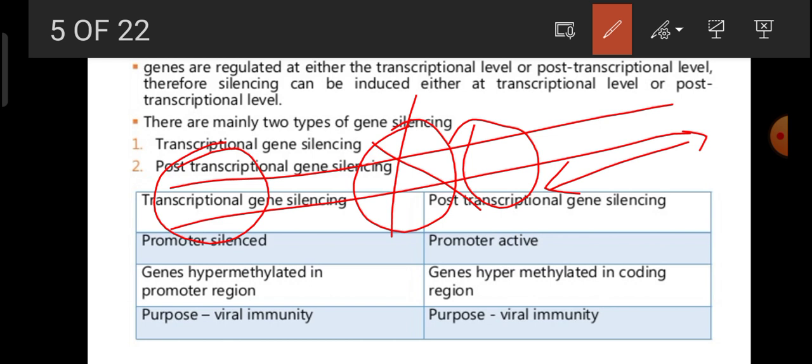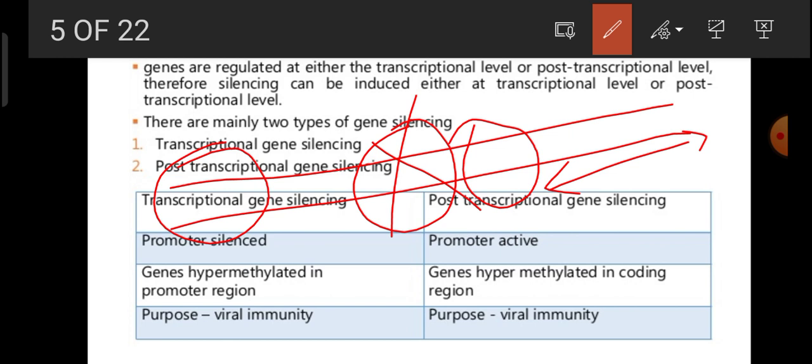Methylation is an epigenetic process where activation of particular genes is regulated. Hypermethylation means that a particular product's activation or production is reduced.